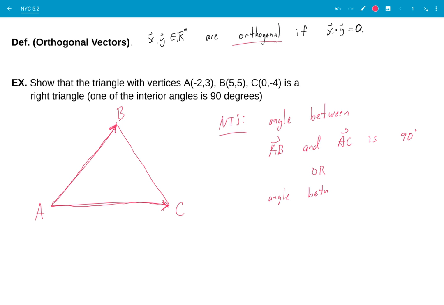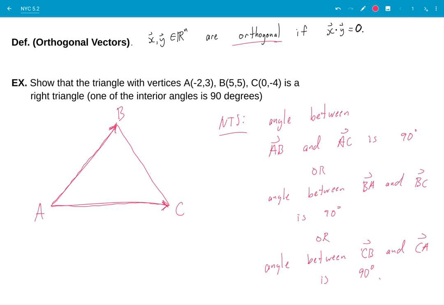Or maybe the angle between BA and BC is 90. Or the other possibility is that this angle is 90. So the angle between CB and CA is 90.